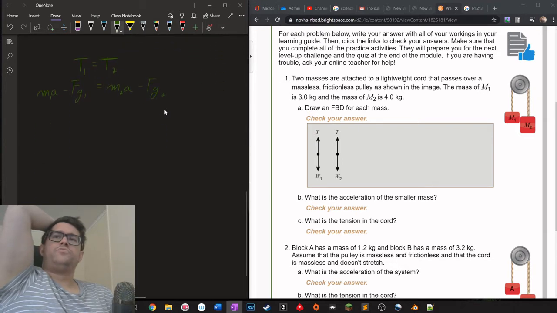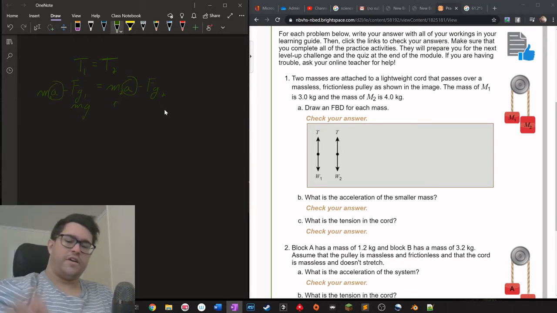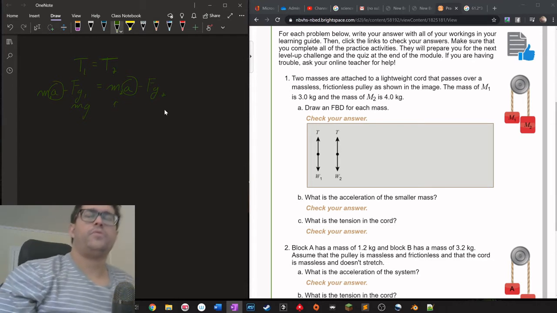So what does that allow us to do? We have M1, we have G, and we have M2. We have everything except the A's. And we can find what they are in this expression, because that's the only letter that we don't have.